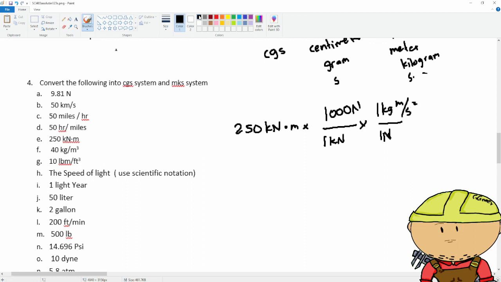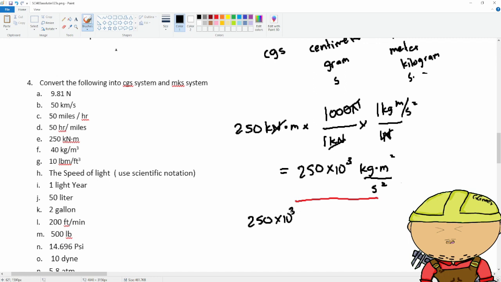Cancel kilonewton, cancel Newton, and we will have 250 times 10 cubed kilogram meter per second squared. That is already MKS. Kilonewton is not MKS though.